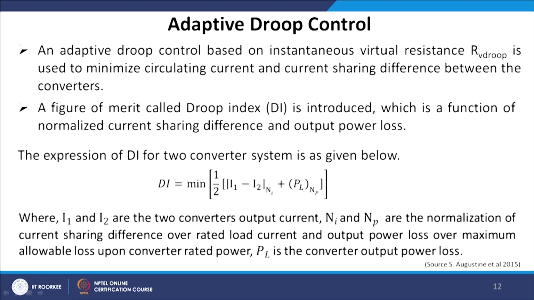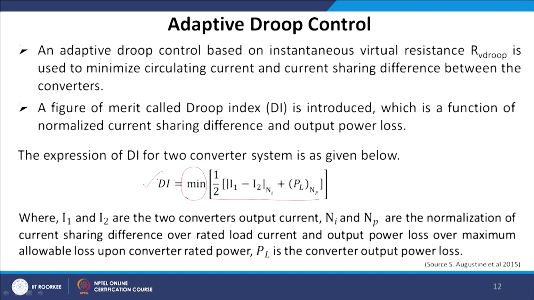The expression for the droop index for a two converter system is given by half of Ni plus Np, and we have to minimize this function to achieve the DI, where I1 and I2 are the two output currents of the converters, Ni and Np are the normalization of current sharing difference over rated load current and output power loss over maximum allowable converter rated power, whereas PL is the converter output power loss.